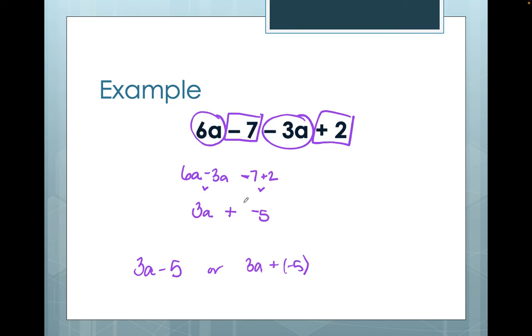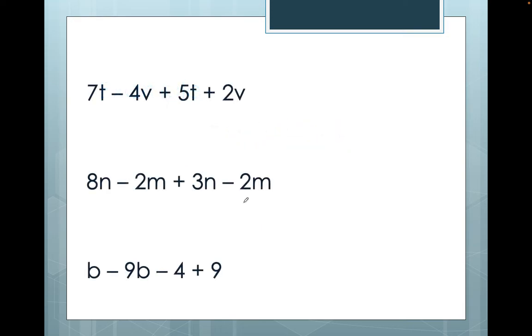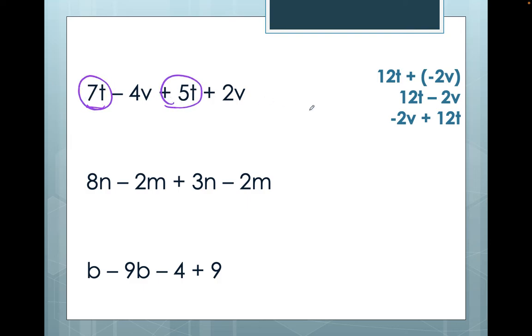Let's try a few examples on our own. In this first example, we have 7t plus 5t, which is 12t, and then we have a minus 4v and a plus 2v, which together, a negative 4 plus 2v gives us a negative 2v.